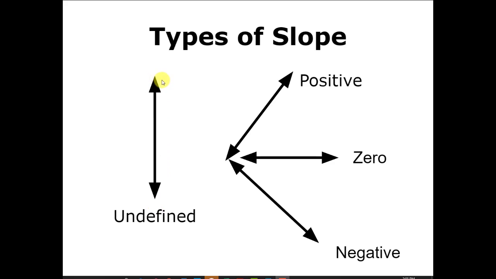It is not tilted in any way. And so this would be called an undefined slope. So just being able to look at the slopes that are created in a graph, for example, and understand if you have a positive slope, a negative slope, a zero slope, or an undefined slope, is really important in statistical inferences.